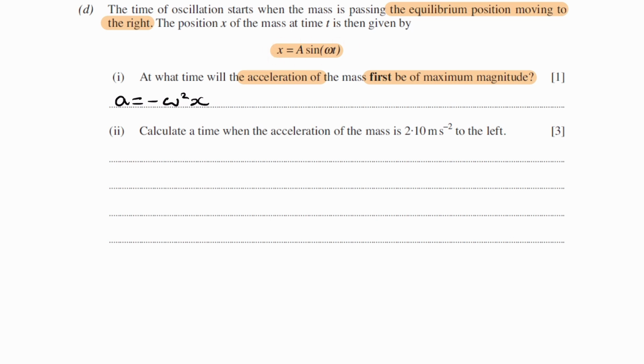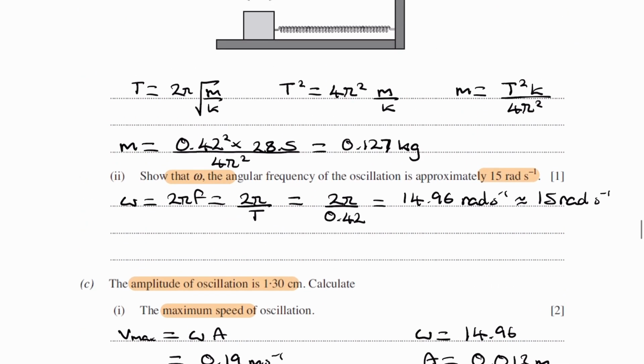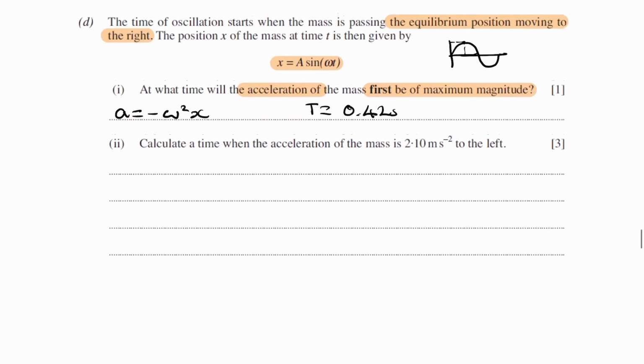The graph that we have for displacement looks like this. It's a sine curve. It's first at maximum magnitude over here, a quarter of the way through that cycle. We know the time period in our scenario is 0.42 seconds. We were told that over here, time period of the oscillation is 0.42 seconds. It's the same scenario.